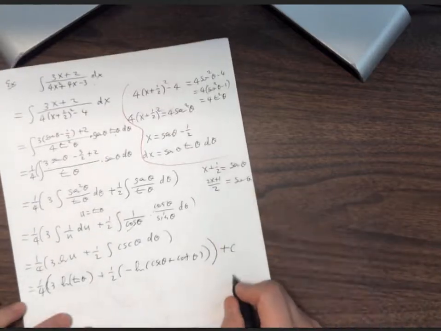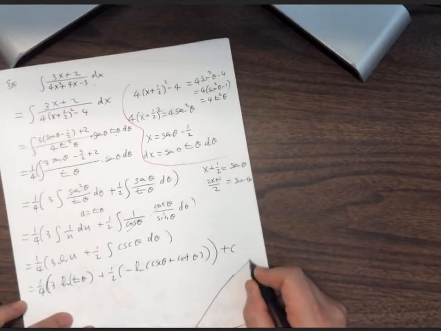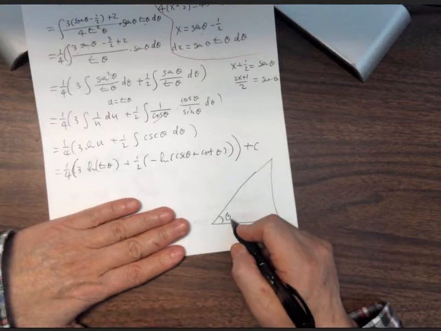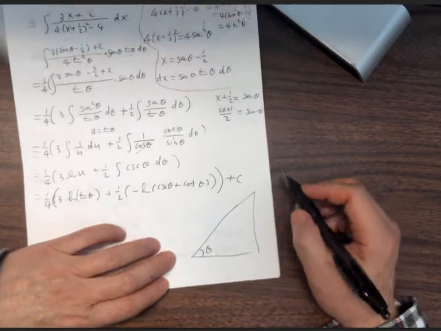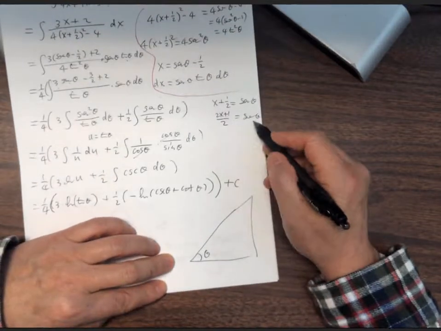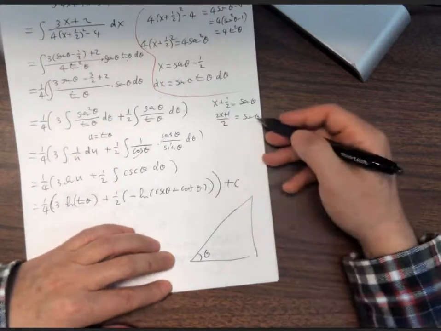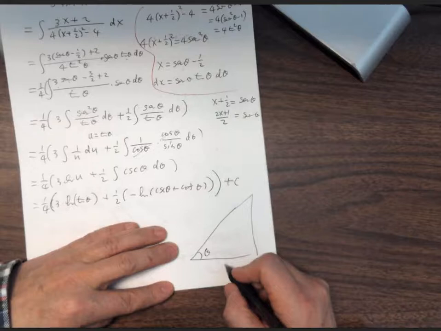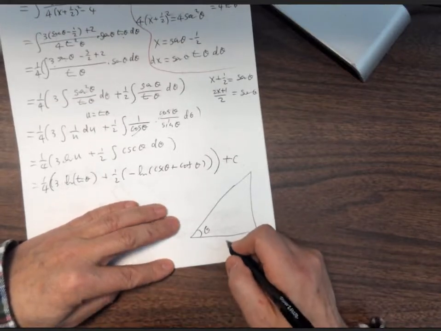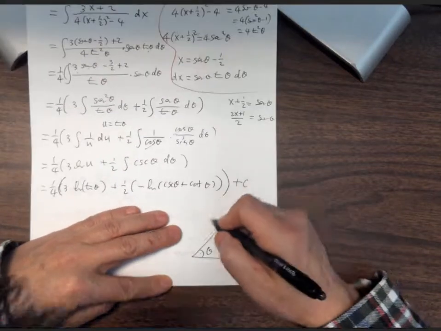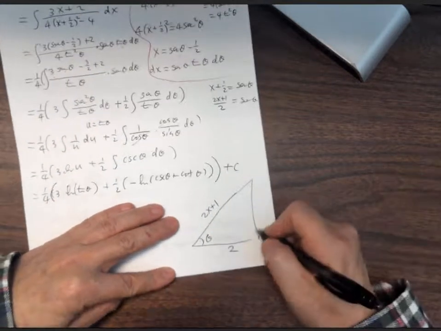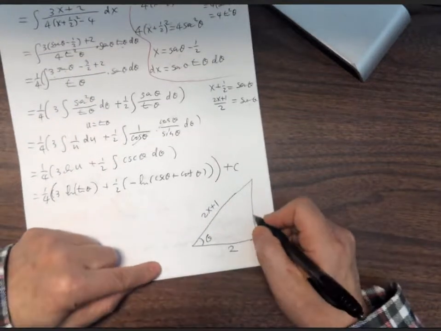This way we can tell if this angle is theta. Secant is 2x plus 1 over 2, and secant is 1 over cosine. So cosine is 2 over 2x plus 1. In other words, in our triangle, 2 over 2x plus 1. And the third side, I may or may not need it.